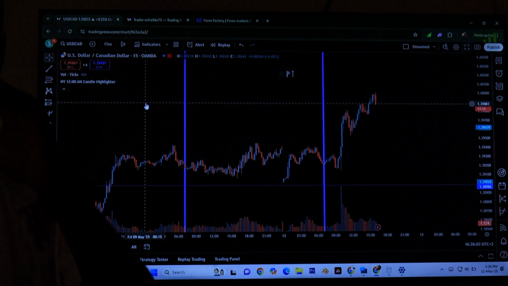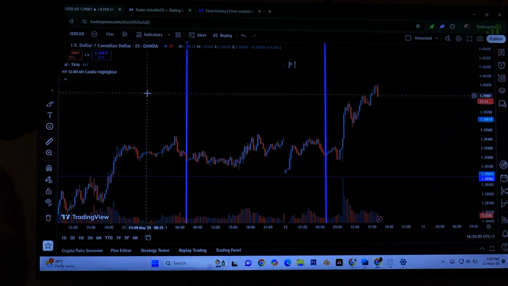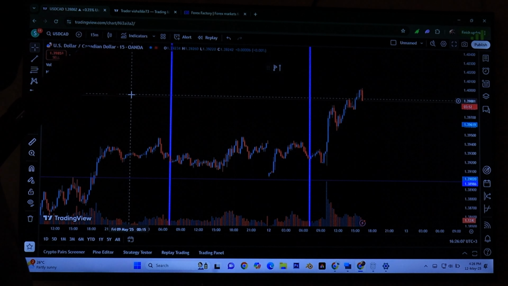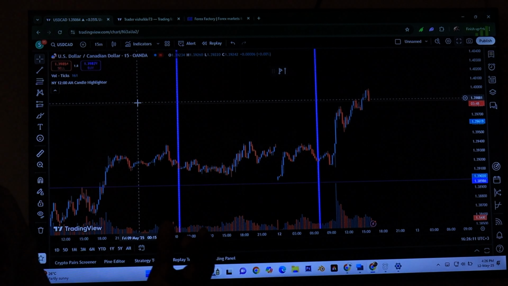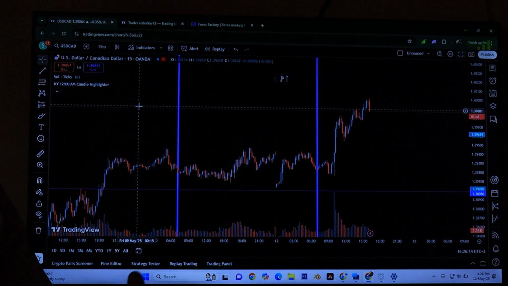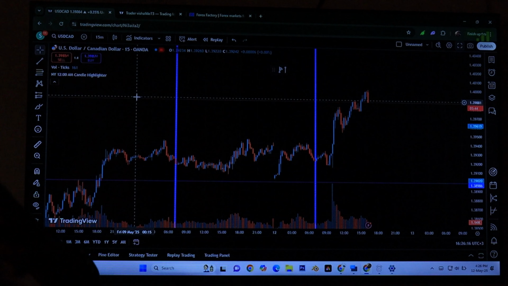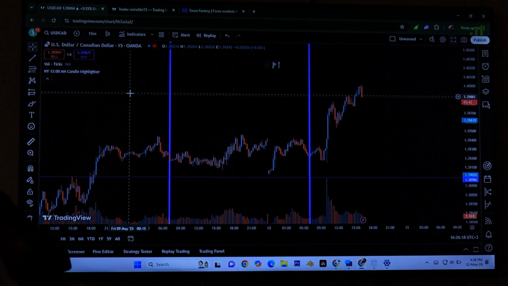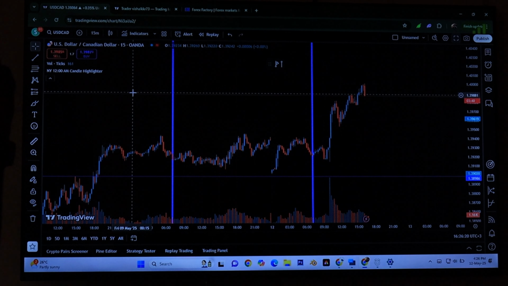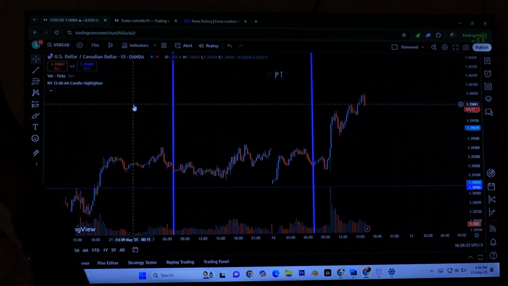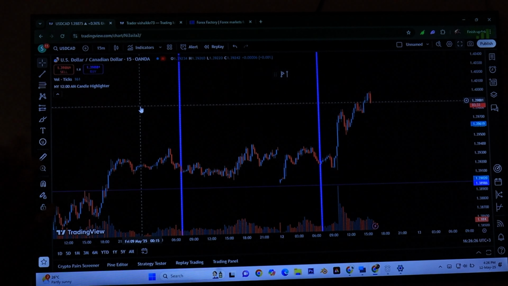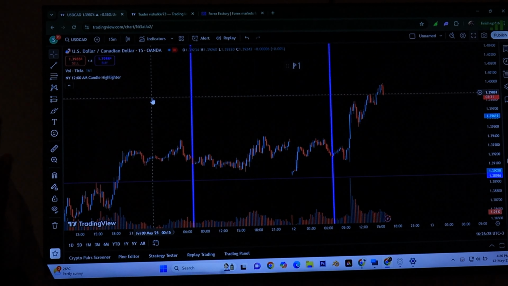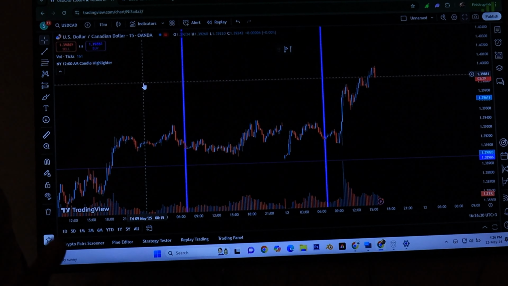My most favorite pairs to trade are the USD CAD, USD against the Canadian dollar, and Bitcoin against the USD. In crypto, I love trading Bitcoin against USD, and in Forex, I love trading USD against the Canadian dollar. Those are the pairs that I backtested using my system.